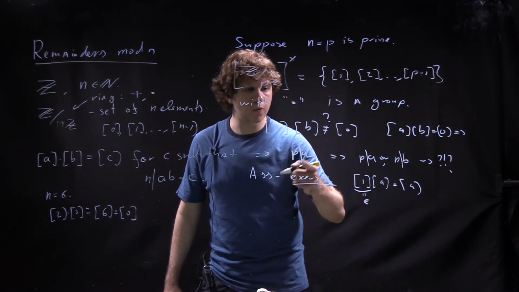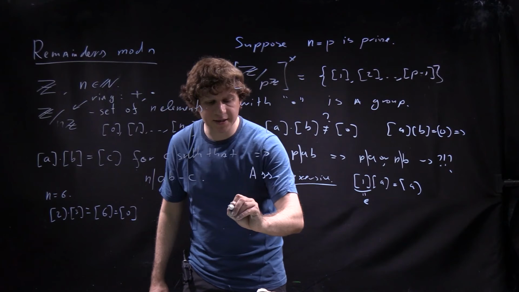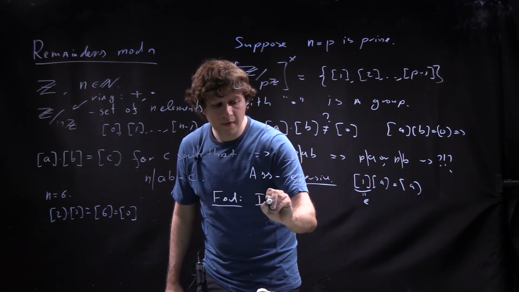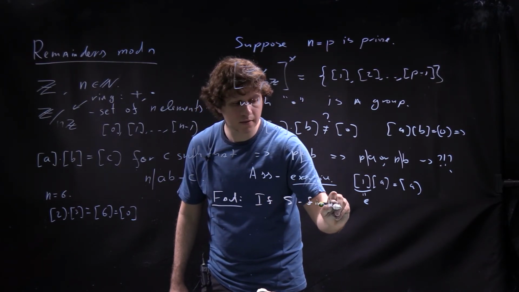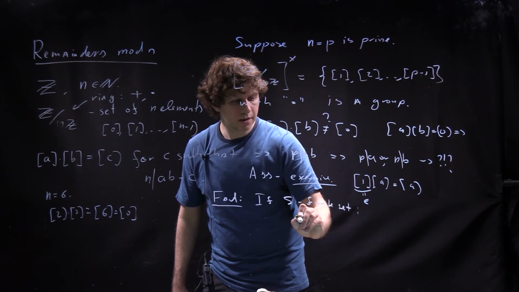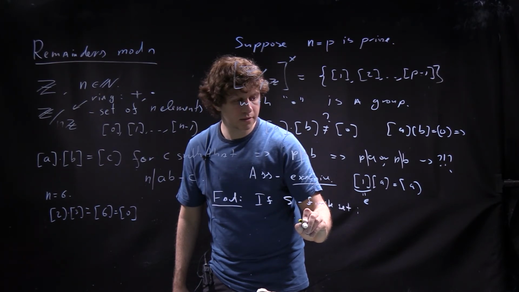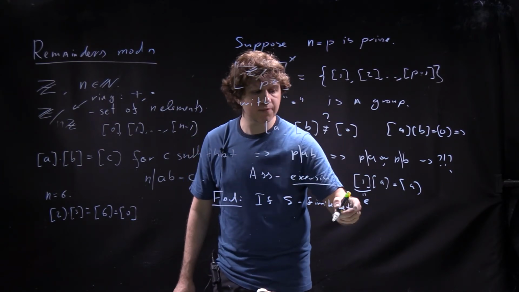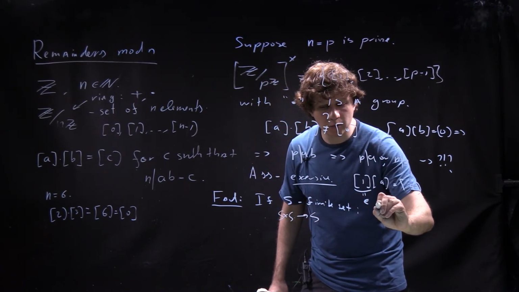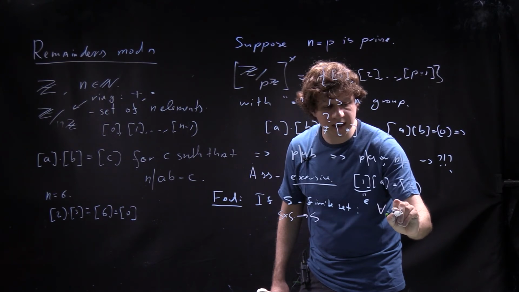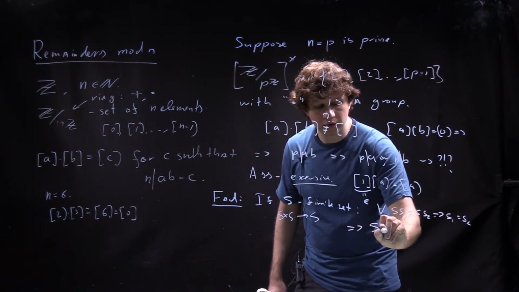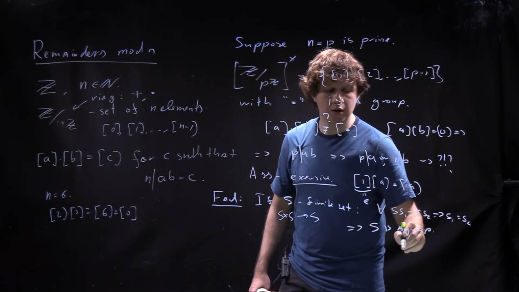In general, here is a fact: if S is a finite set with what's called the cancellation property, with an operation S cross S to S, such that for every element s, s s1 equal s s2 implies that s1 equals s2, then S is a group. That was one of the homework exercises.